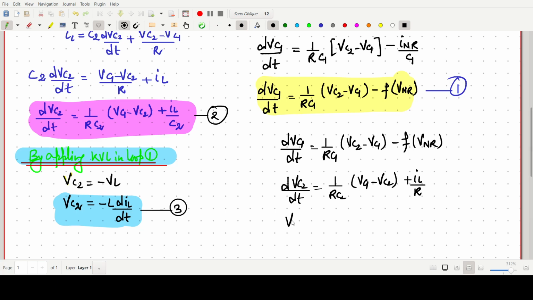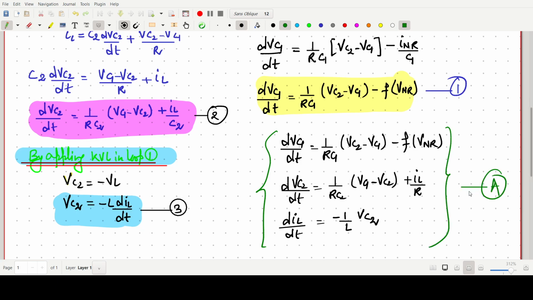And the last equation, you can write it from this one, dIL by dt equals to minus 1 by L Vc2. So these are the three state equations for the Chua circuit.